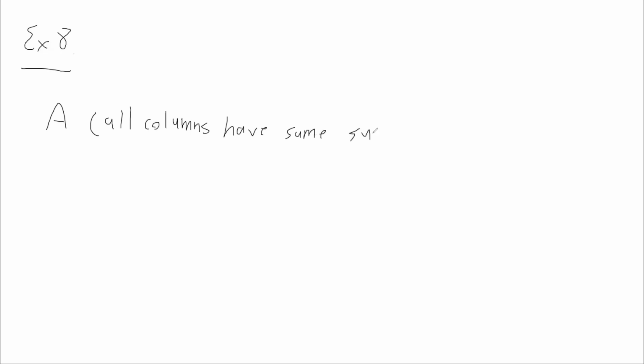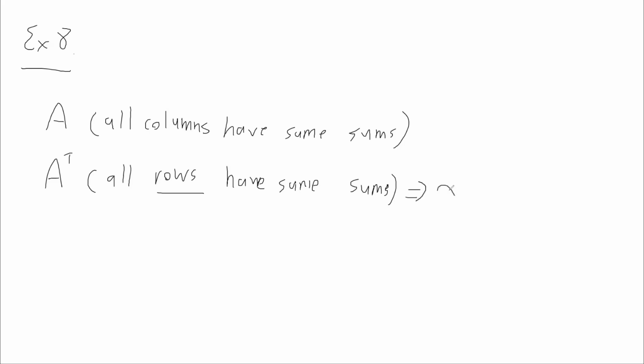Then we know that the transpose of A will have all rows with the same sum. Now we know that if all rows have the same sum, which is S, then the eigenvalue is S from example 7.